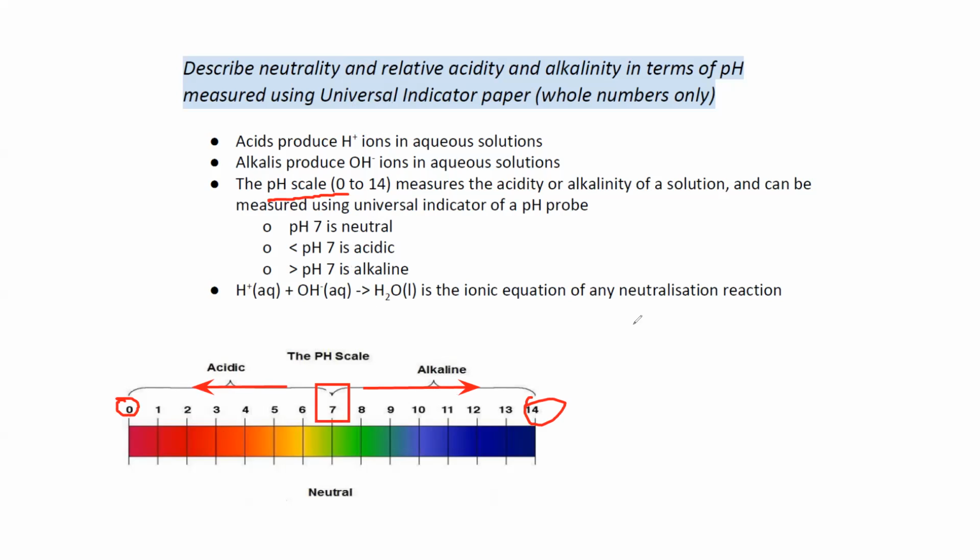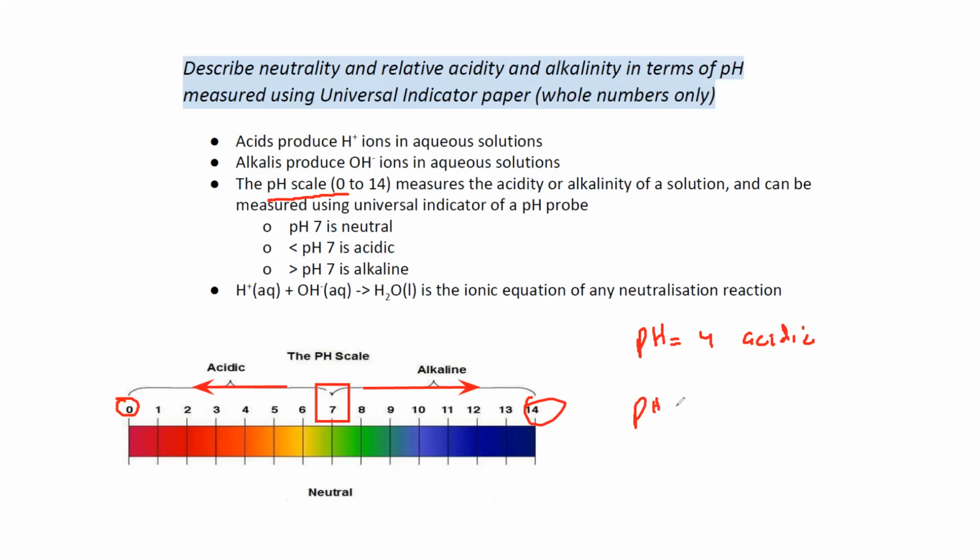For example, if we have a pH of 4, what is this substance? Acidic, alkaline, or neutral? Instead of alkaline, we can also use the term basic. So a pH of 4 is acidic because it is less than 7.